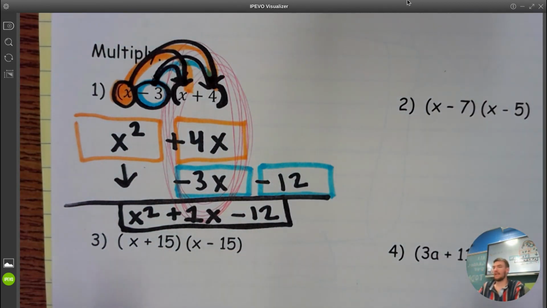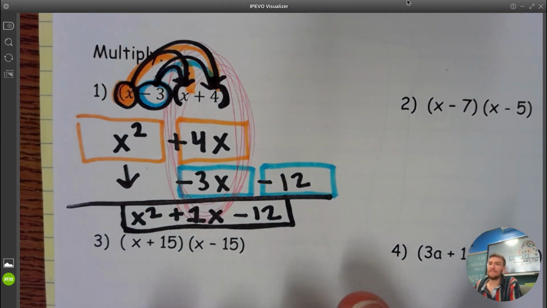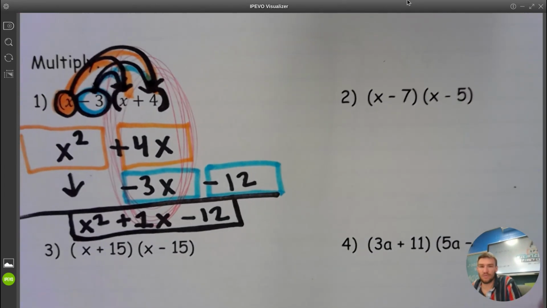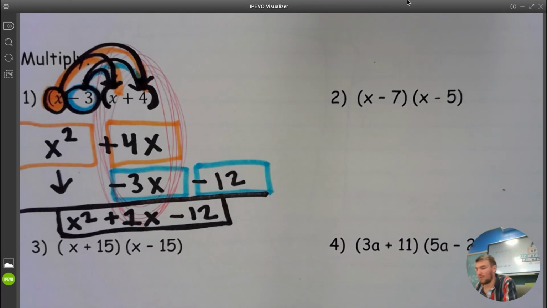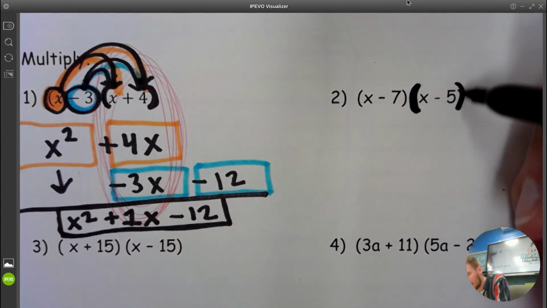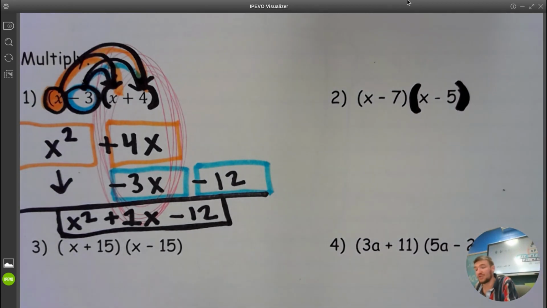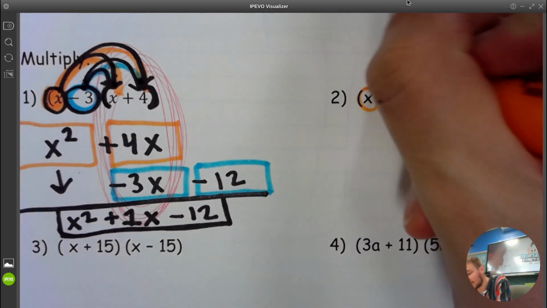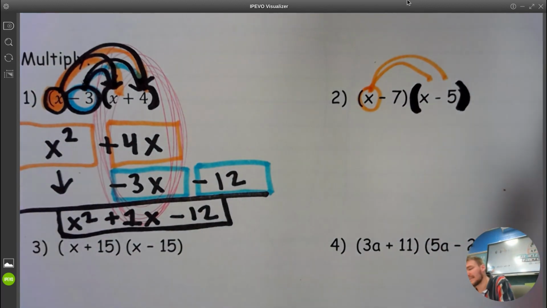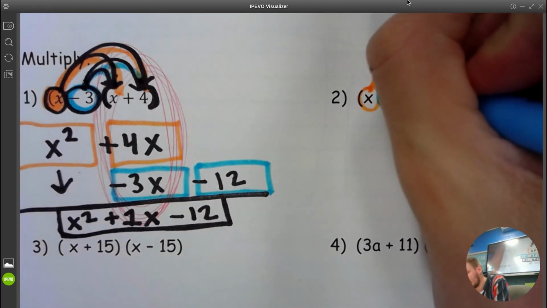So we went pretty slow through this question. Let's do another question, and we'll see that this is very doable, okay? What we're going to do is visualize this parentheses right here, and we're going to be distributing first an x and second a negative 7.